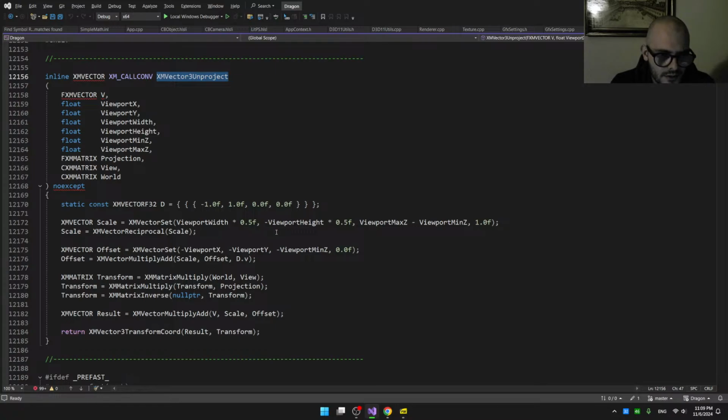The reciprocal of the scale. Okay, the offset: minus viewport x, minus viewport min z, multiply add scale, d dot v.